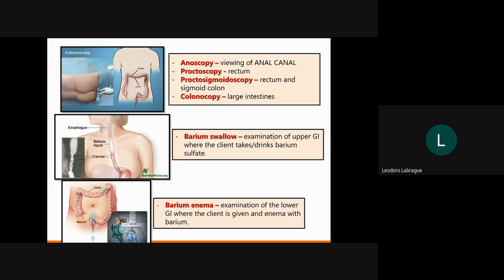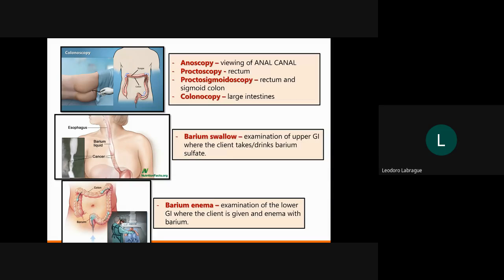We have proctoscopy. This is viewing of the rectum. We have proctosigmoidoscopy. This is a visualization procedure to check the rectum and the sigmoid. We also have colonoscopy in order to check the large intestine. So how is it done? You will see on the slide, see the first slide. There's a hand, and the nurse or the doctor is inserting a tube, an instrument.